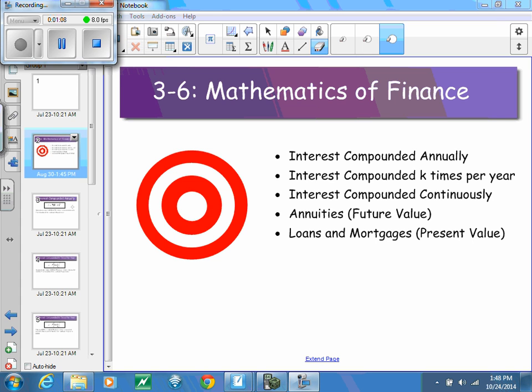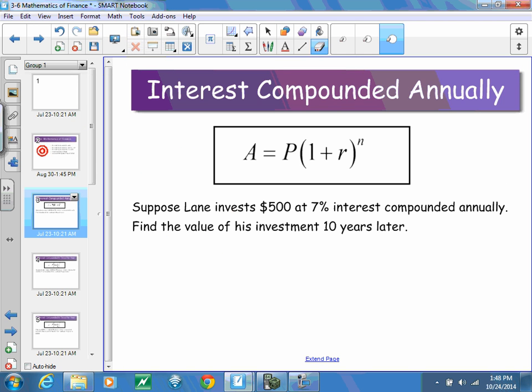The first three formulas that we look at are going to look familiar from Algebra 1 and Algebra 2 because we've talked about them there. And this one actually even looks familiar from earlier in this chapter because it's our exponential growth model, where we're taking an initial value, multiplying it by a growth factor that's greater than 1 and taking it to a power, because we're working with repeated multiplication.